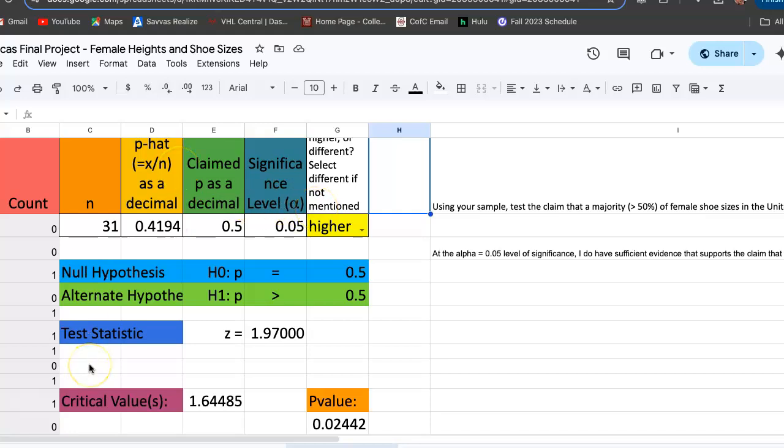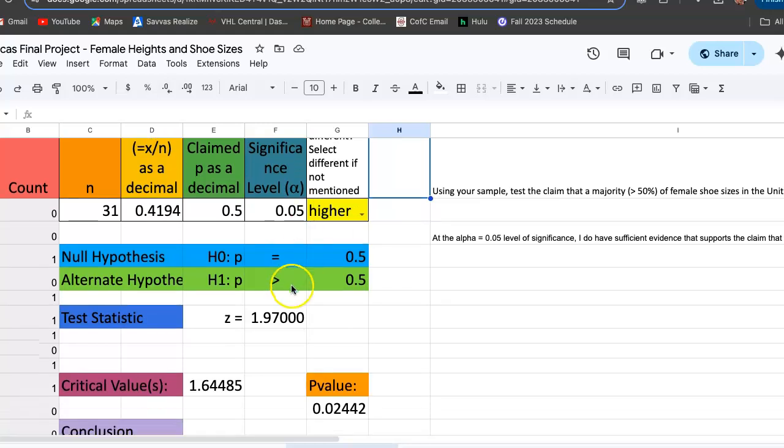Also, in the data set, there were 13 shoe sizes above 8 out of 31 total values, which corresponds to a sample proportion of approximately 0.42. This p-hat being lower than 0.5 supported the rejection of the null hypothesis.